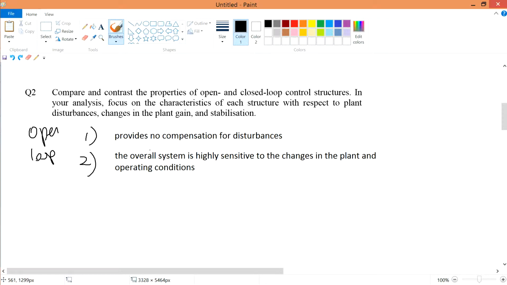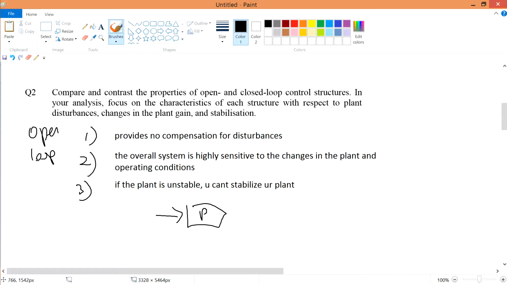Anyway, last point. The last one is building on the second one, which means that if the plant is unstable, you can't stabilize your plant. Normally if you have a plant over here, and it is unstable, let's say you input 1 and you want it to be 1, but the plant itself outputs 2, so it is unstable, right?